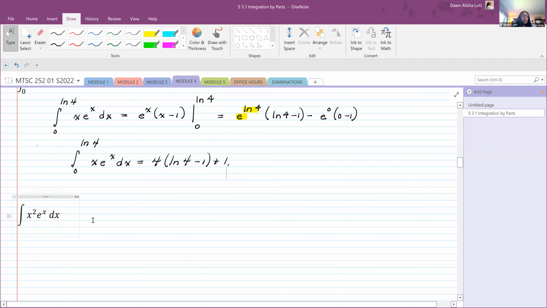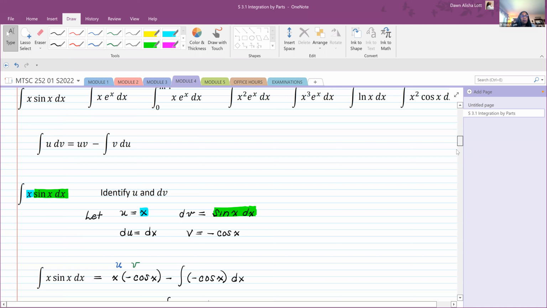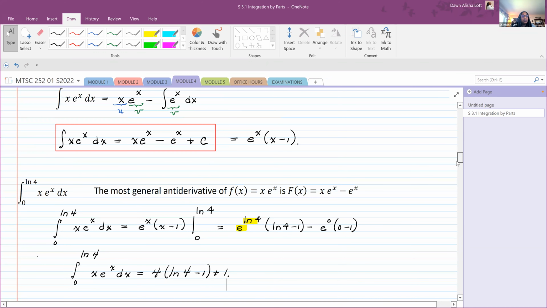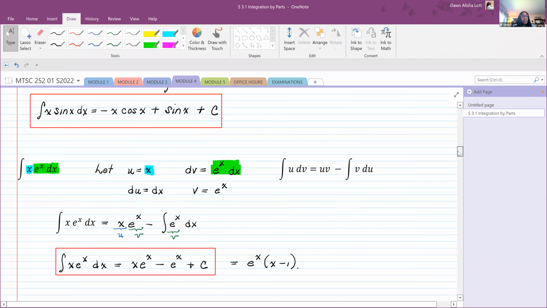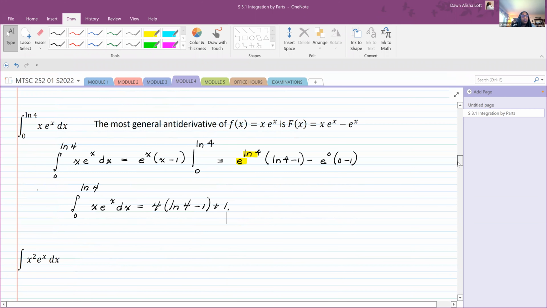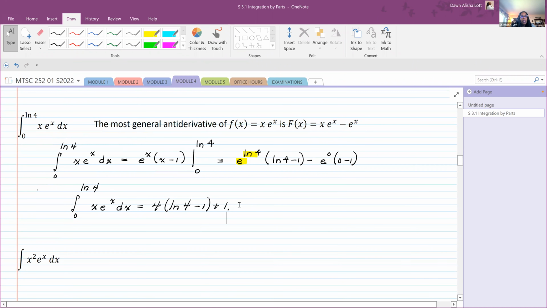So, all right, here's the next problem. I guess this is problem number 4, maybe. Let's see, we did x sine x, I got an answer. We did x e to the x, and we got an answer. This one just gave us a number. All right, let me see if it'll actually give me the value.